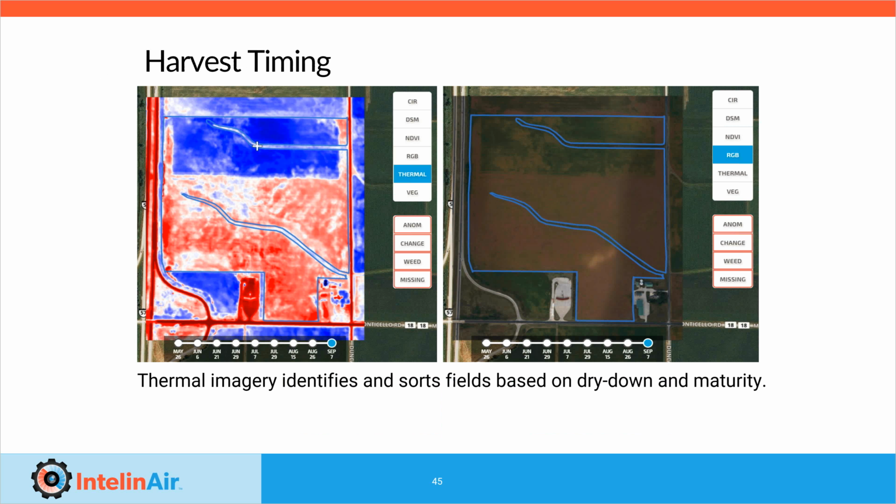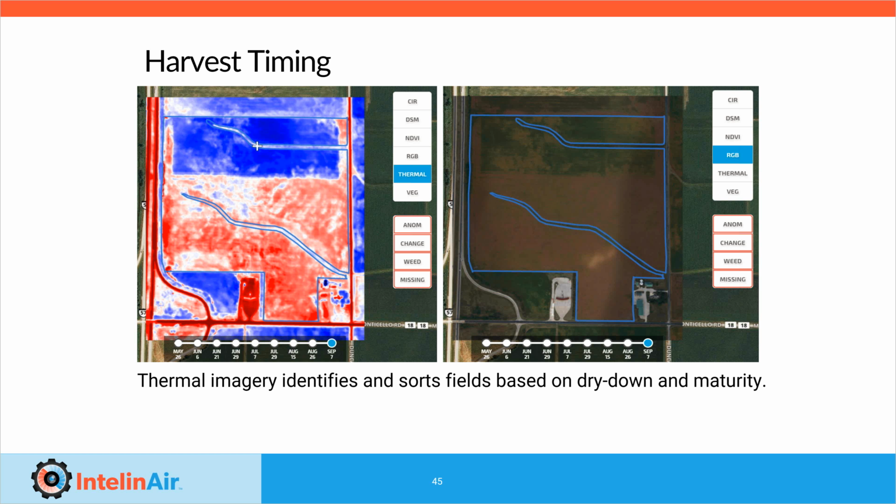One other thing that I think is really impressive, and this is where we kind of reintroduce the power of that thermal imagery, is as the crops start to dry out, and we're starting to think about where we want to go for harvest, we're able to get some insights into crop maturity based off of these thermal images.